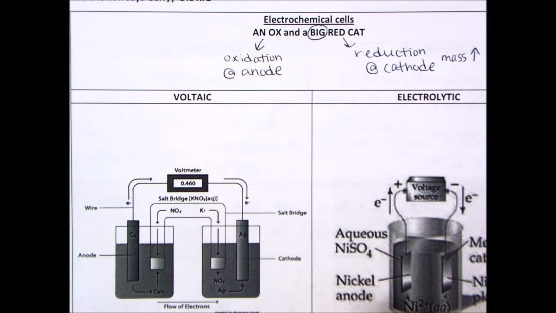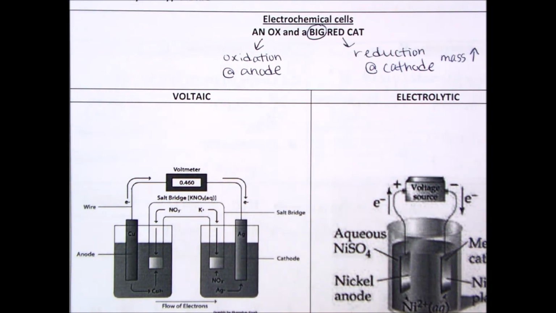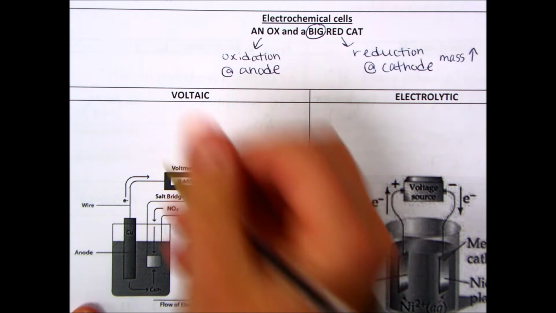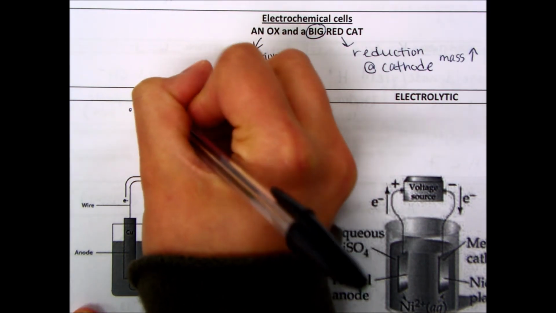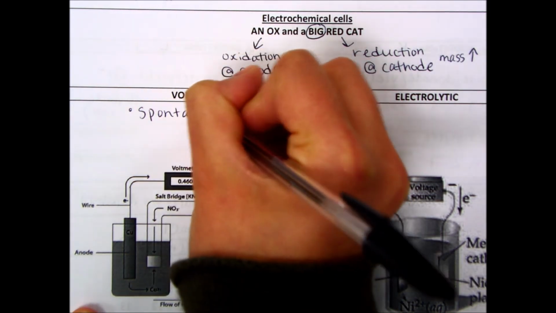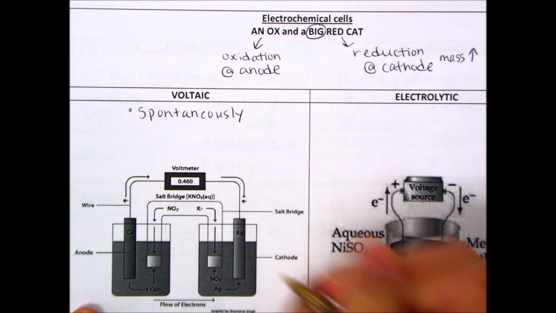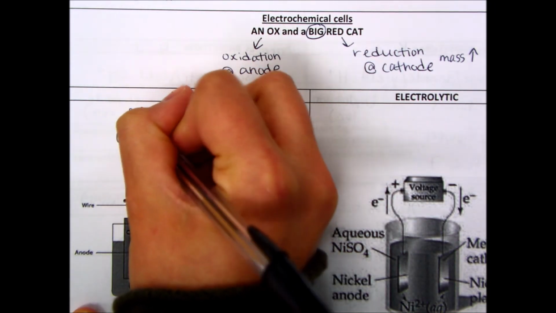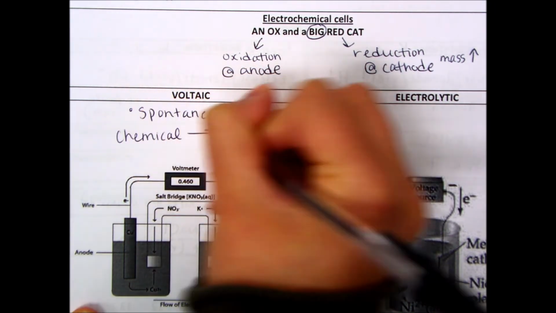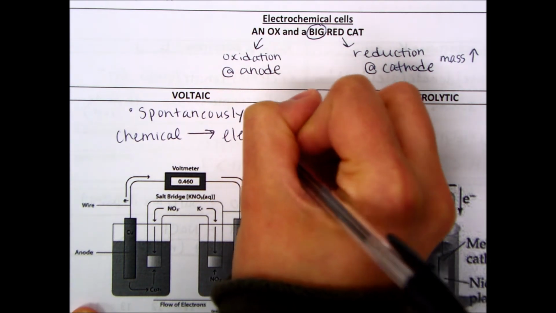Alright, so let's look at voltaic and electrolytic. Let's identify their differences, their similarities, and then we can move on to nuclear. So a voltaic cell works by spontaneously converting chemical energy into electrical.